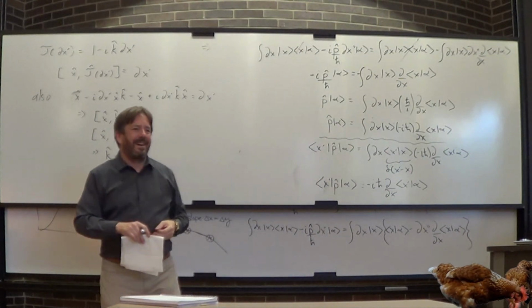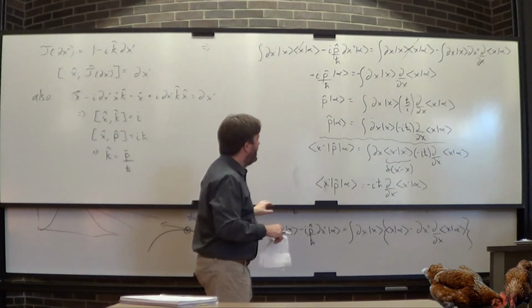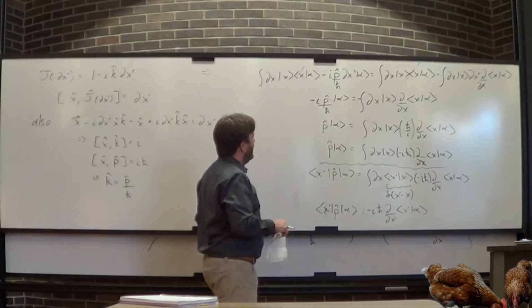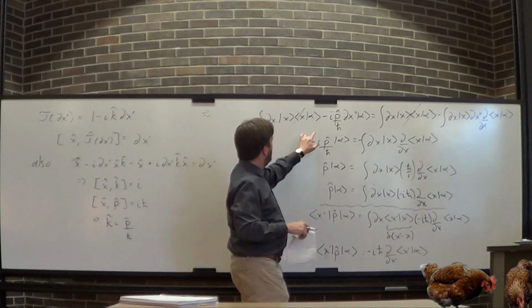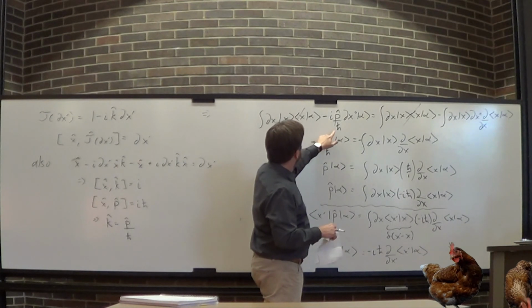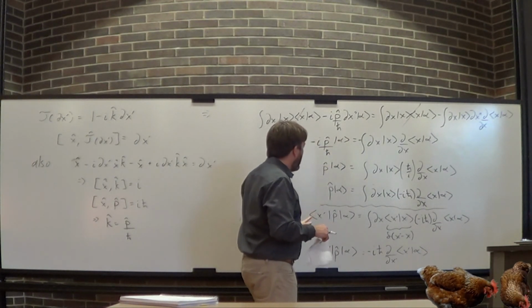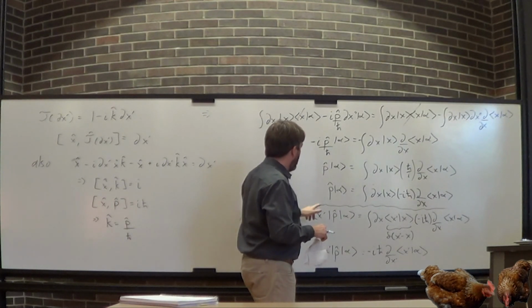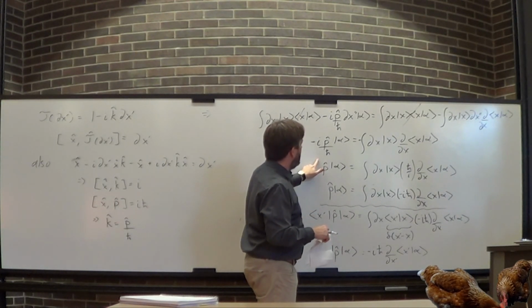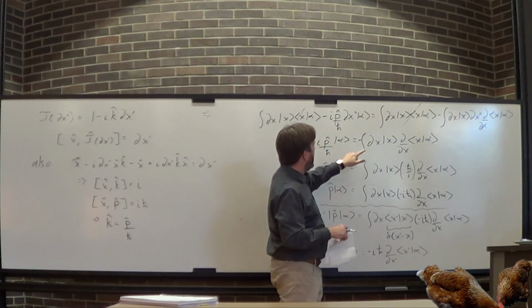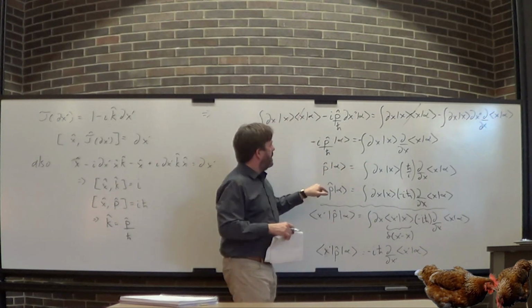I have one more kind of dumb question. In the very first step, when we started with the translation operator, does the dx double prime cancel in the next line? Oh yes. Oh my God. I'm sorry. I forgot to mention that. Yes. Right, because it's a number, right of the equal sign.